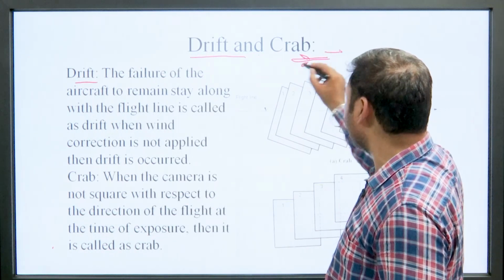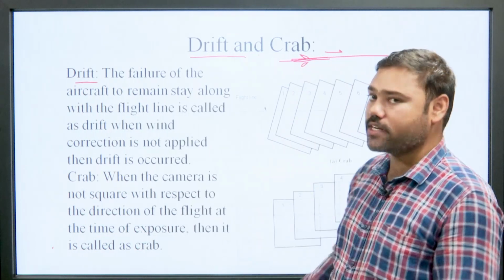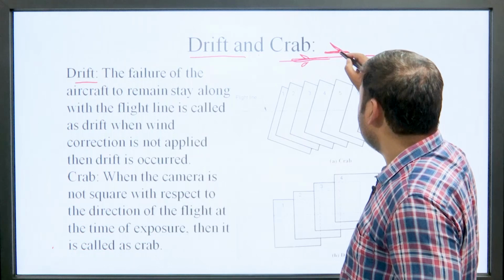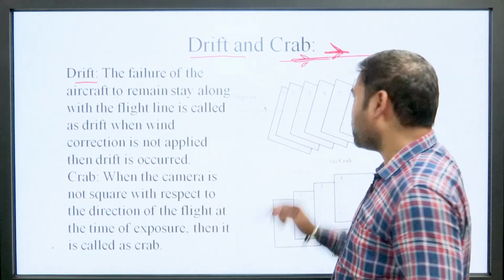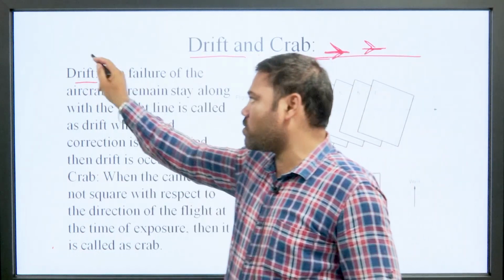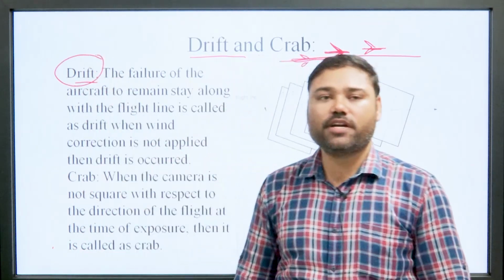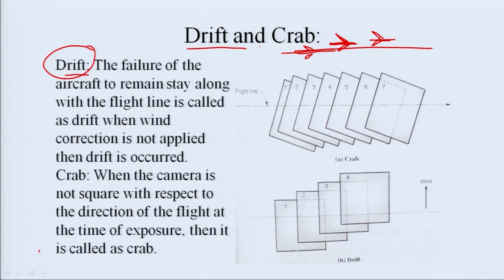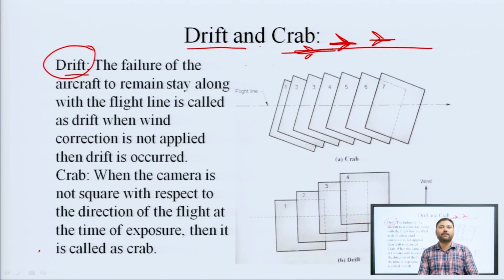This is a line of flight, and due to wind direction, as we discussed earlier, the aircraft can deviate from its path, and this phenomenon is known as drift. So, drift can be defined as a failure of an aircraft to stay along the flight line.